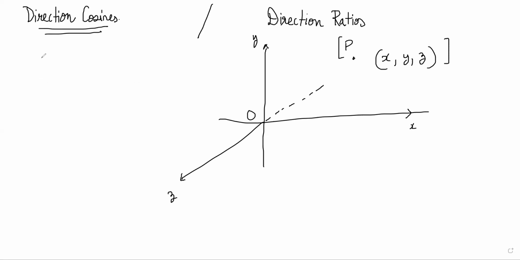That's the vector R. And then you can take R dot I, R dot J, and R dot K. So you'll get cos of the angle between them, say cos alpha, cos beta, and cos gamma.